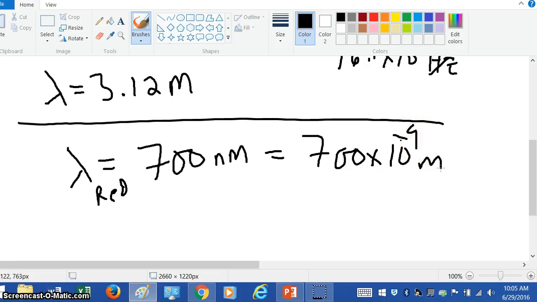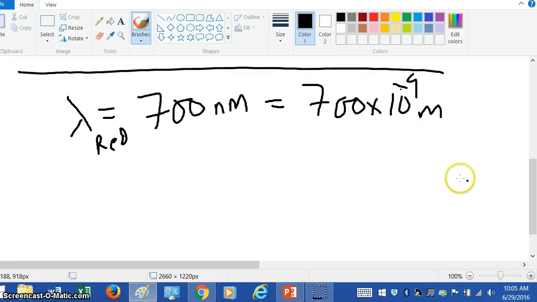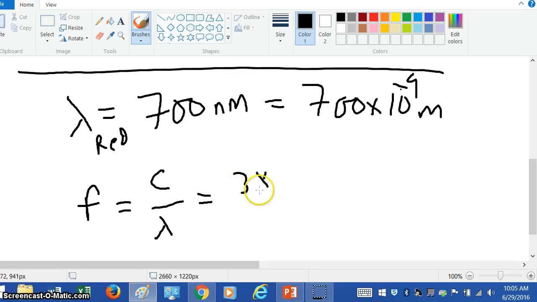Now we want to know the frequency of this red light. So what's f? And f, of course, similarly is the speed of light divided by the wavelength. So let's put those numbers in. This is 3 times 10 to the 8th, remember, it's always that, meters per second.